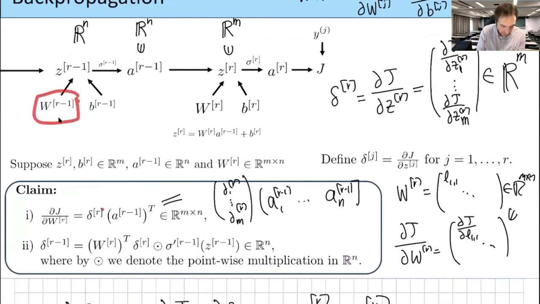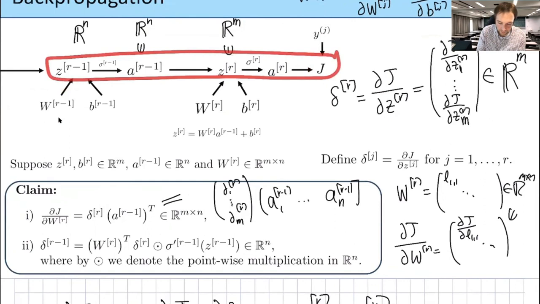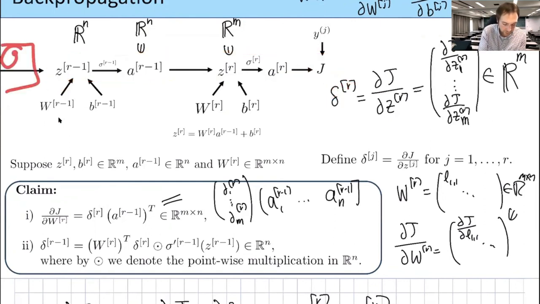I now just fixed the r because I gave these numbers a name, but with the same argument, the derivative of J with respect to W^(r-1) is given by the vector delta^(r-1) times the transpose of what I didn't write here, the a^(r-2). It's with the same argument.